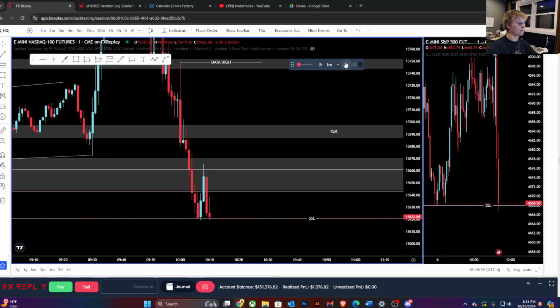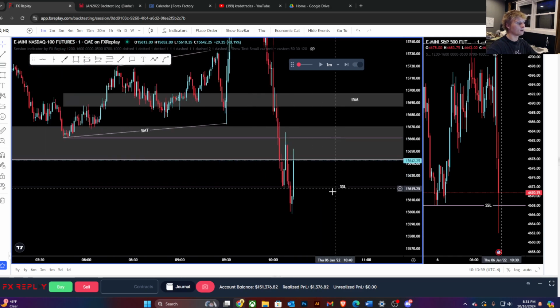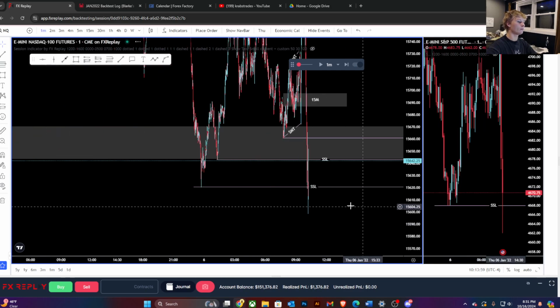See what we do here. Longs could cook right now because we do have this sell side sweep. Looks super obvious on ES as well.